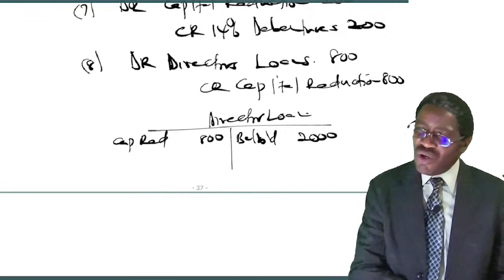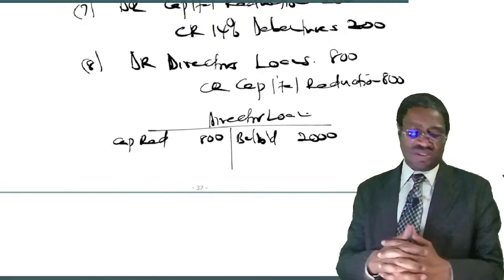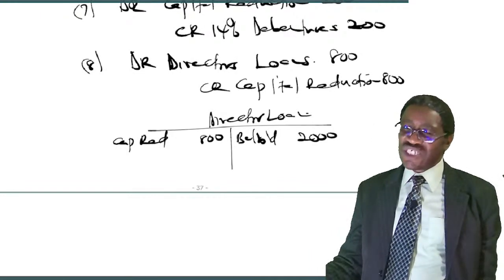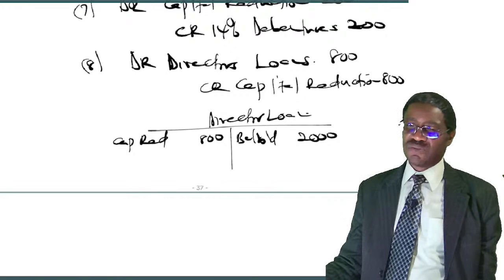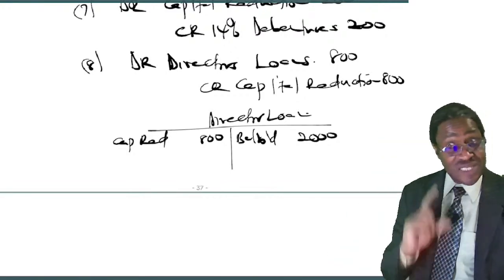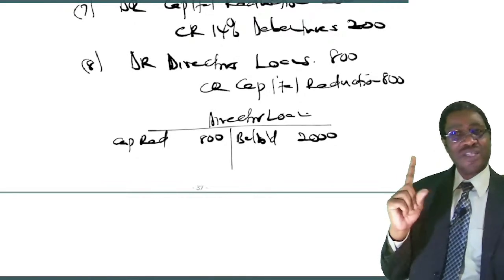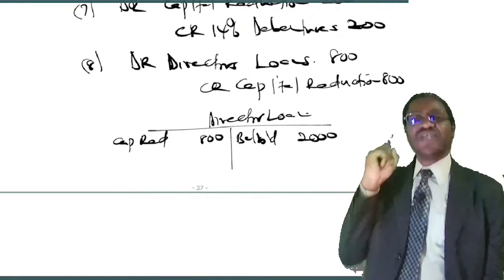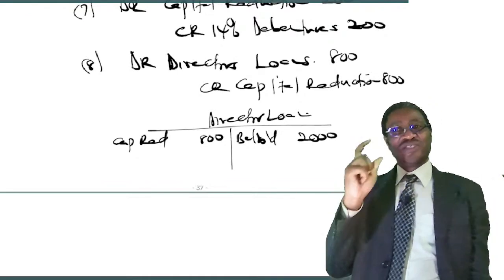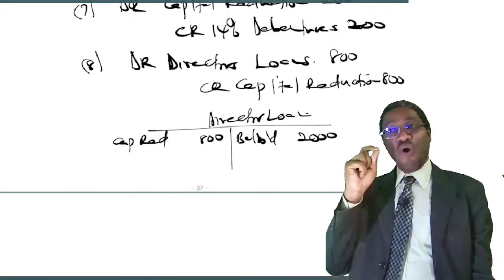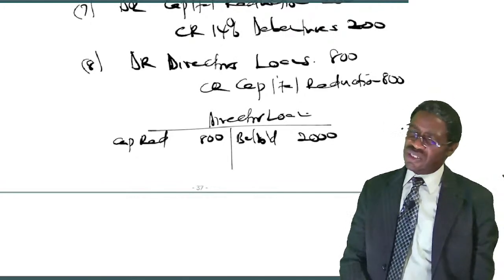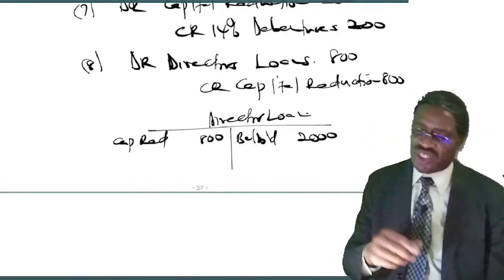Write it and show me: we are issuing ordinary shares whose value is how much?